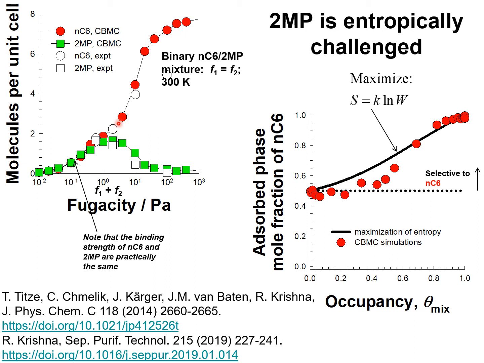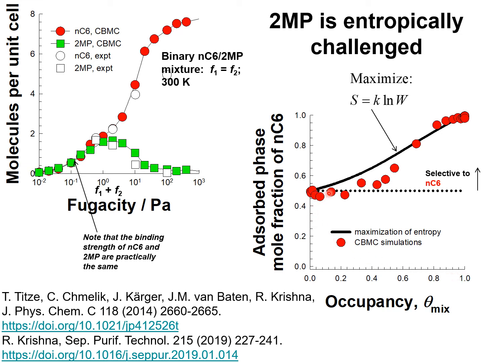Experimental data shown by the open circles and open squares are in quantitative agreement with the CBMC mixture simulation data. In this graph, the adsorbed phase mole fraction of normal hexane is plotted against the mixture occupancy.